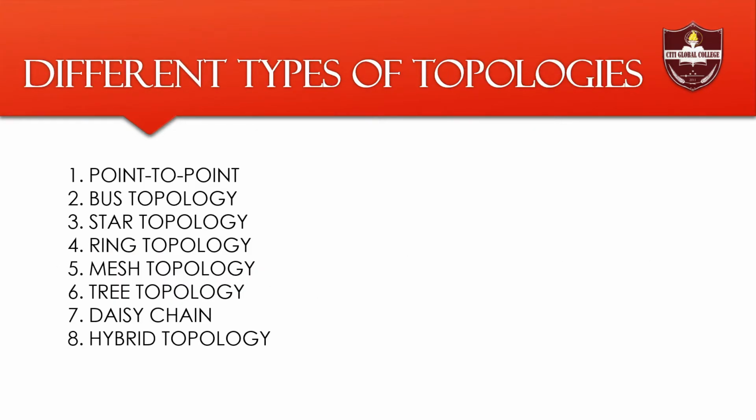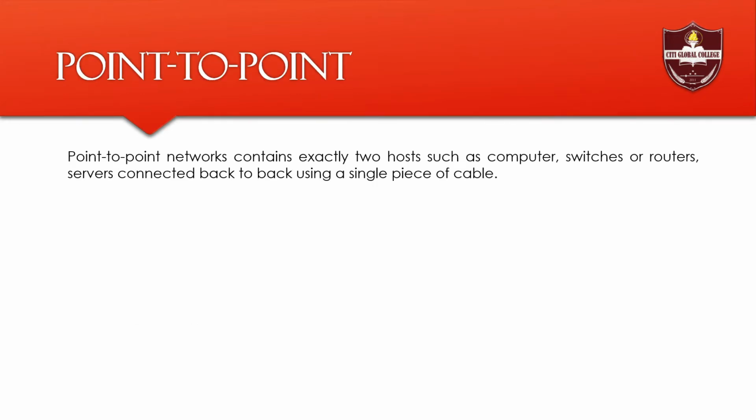There are different types of topologies: point-to-point, bus topology, star topology, ring topology, mesh topology, tree topology, daisy chain, and hybrid topology. The first is the point-to-point. Point-to-point networks contain exactly two hosts such as computers, switches, routers, or servers connected back-to-back using a single piece of cable.